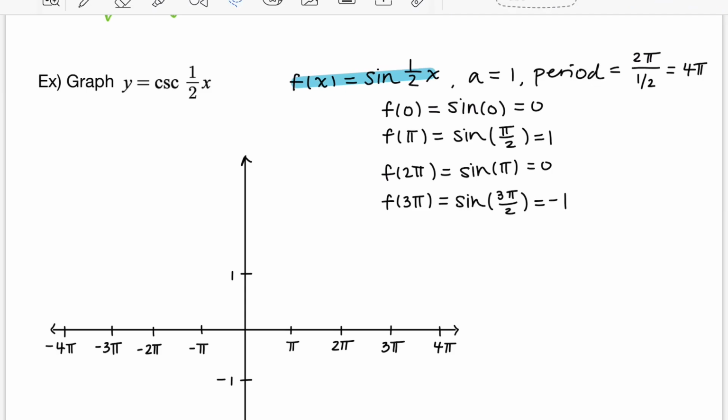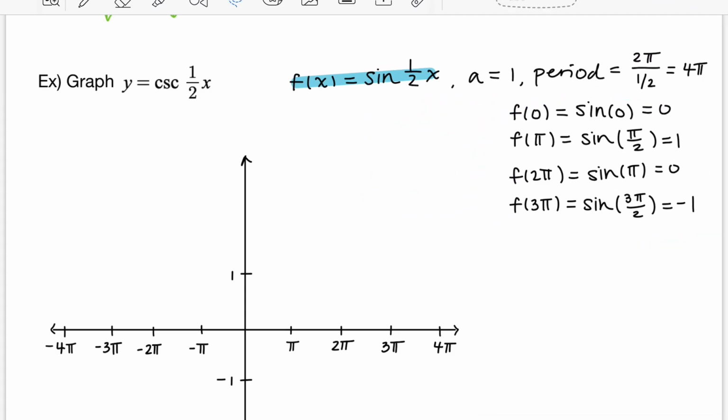Okay, so we'll plot these points. Move that over. So we have a point here at the origin. At pi, we get 1. At 2 pi, we get 0. At 3 pi, we get negative 1. And then at 4 pi, we'll get sine of 4 pi over 2.